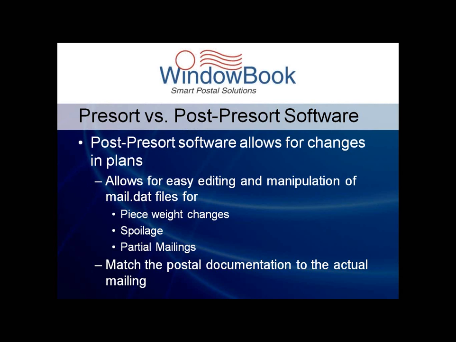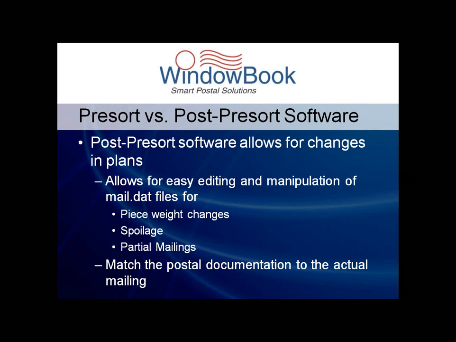Another big thing is partial mailings. For instance, you may have a mailing of 10 million pieces that you're not all going to get done in one day. You're not going to get it physically prepared on the pallets, on the trucks, and to the Postal Service. So what you do is go through and select, these are the pallets that I'm going to be taking to the Postal Service and paying for today.